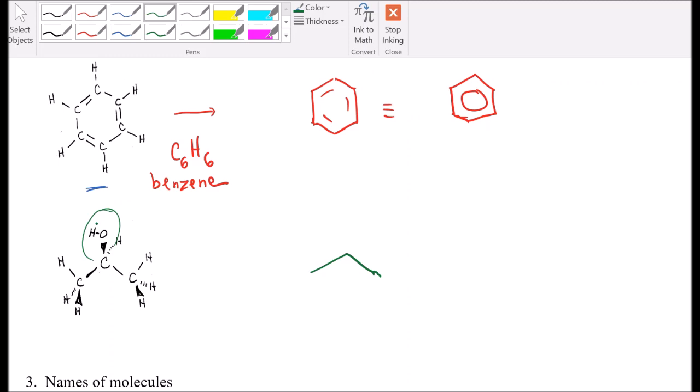There is an OH group on the middle carbon. That has to be shown as an O and an H. And that's it. That's the representation of this molecule. Its name is isopropanol. You probably have some at home. It's rubbing alcohol. It's also in hand sanitizer.